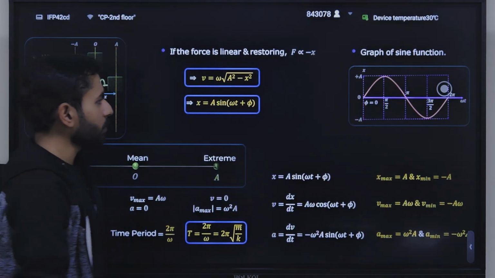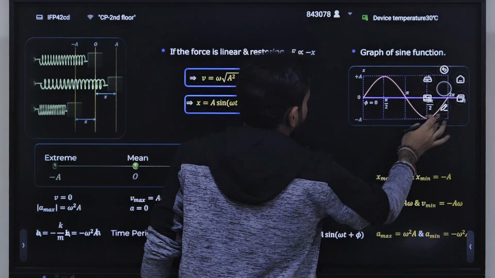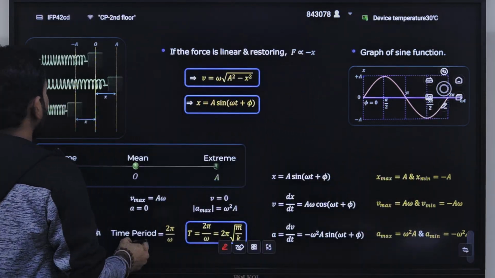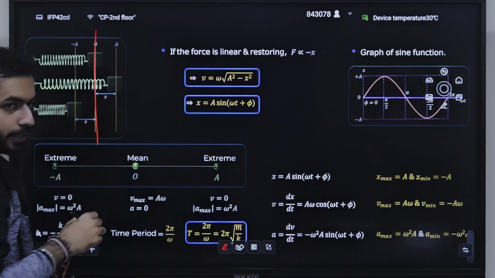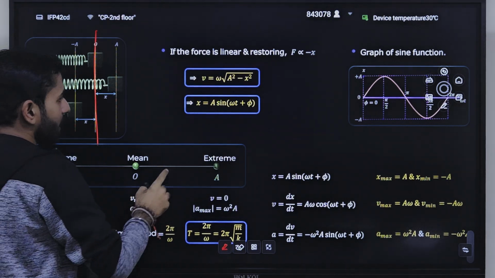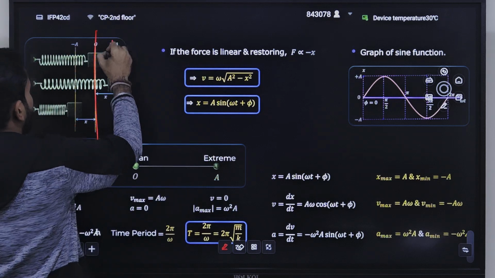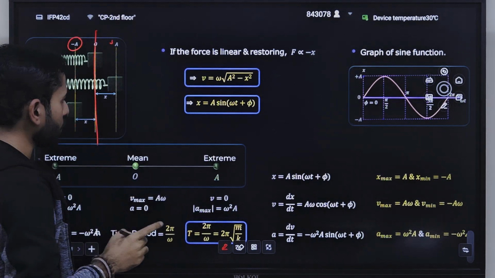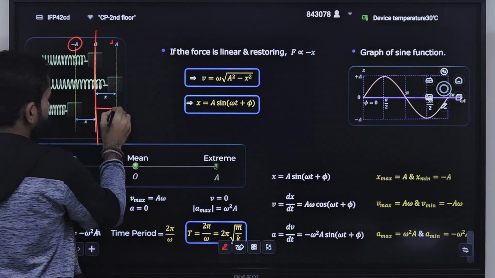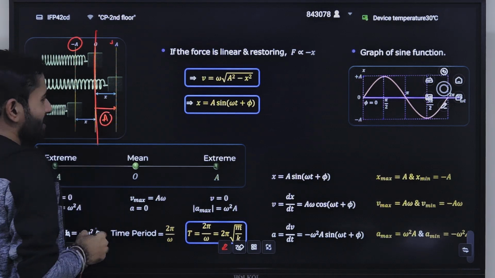Now if we come directly to the formulas, see what the formulas are. Here this is the mean position, and here it is represented for oscillations. The positive extreme is represented by plus A, and the negative extreme by minus A. Amplitude is the distance from the mean position to the extreme. I guess you understand these basic things.